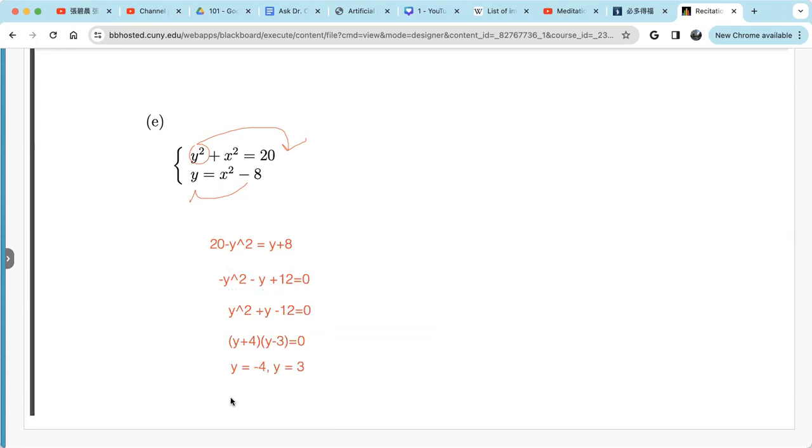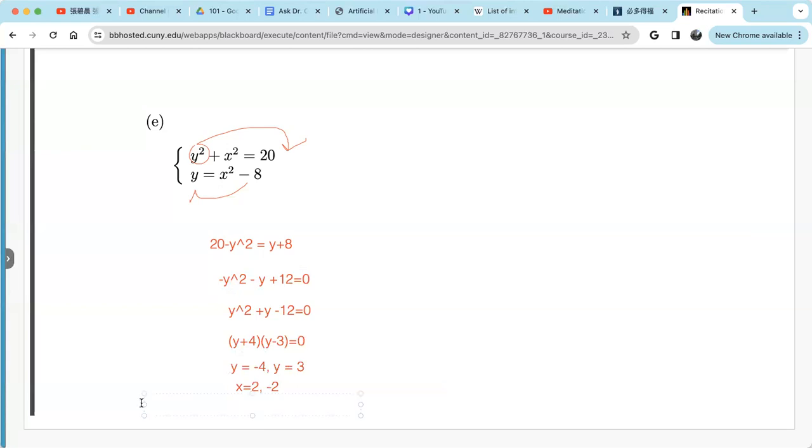If y equals -4, let's find the x value. -4 squared is 16. So x squared equals 20 minus 16, which is 4. That means x can be plus or minus 2, 2 or -2.